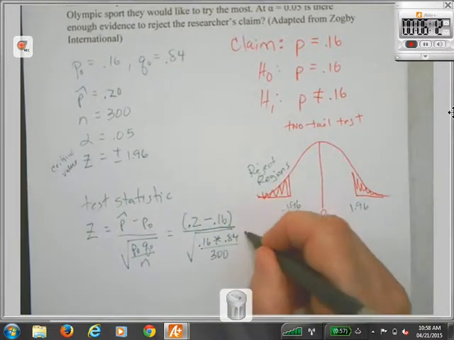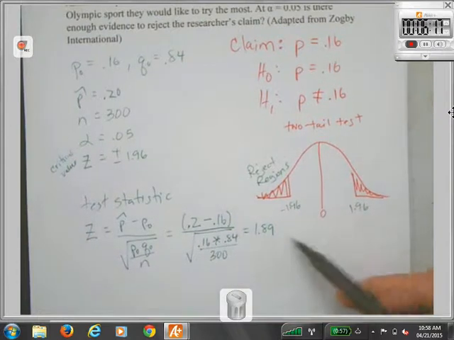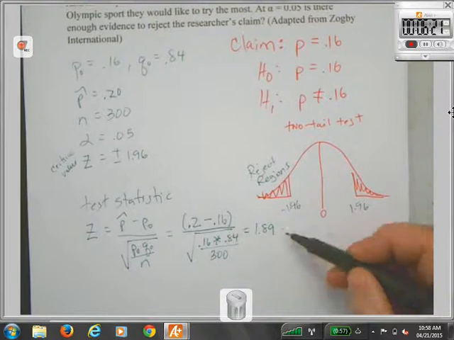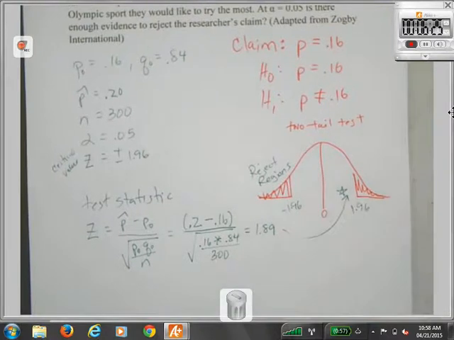And it's positive. Well, 1.89 is not out here beyond 1.96. It's falling somewhere right in here. 1.89 is not in the reject region.